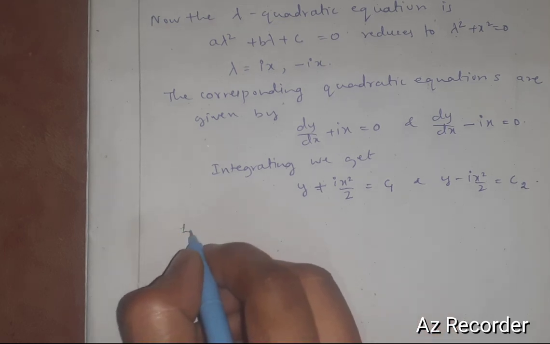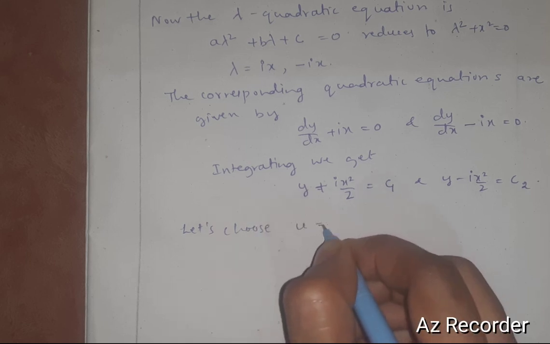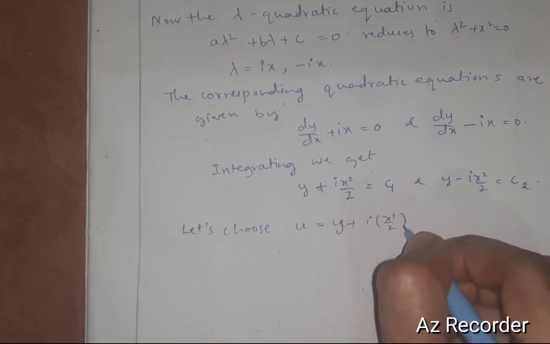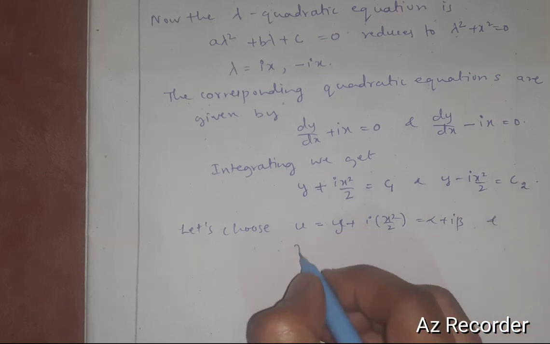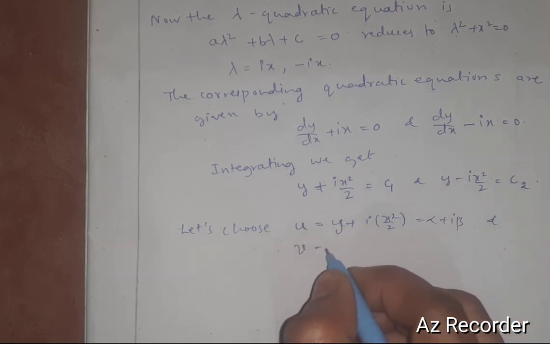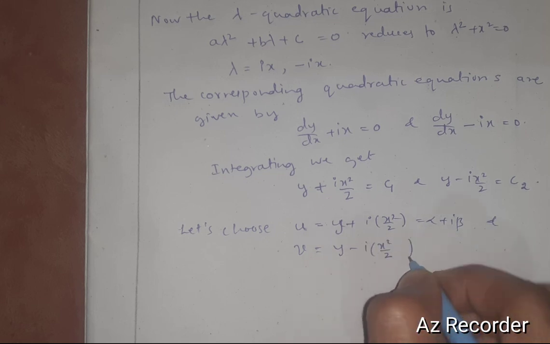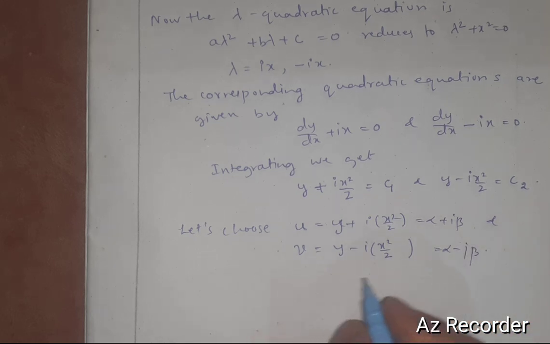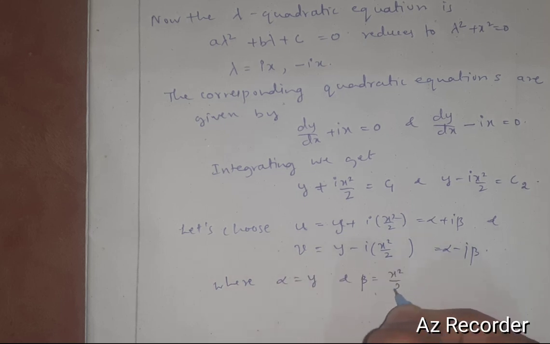Let us choose u is equal to y plus i into x square by 2, which is equal to alpha plus i beta, and v is equal to y minus i into x square by 2, which is equal to alpha minus i beta, where alpha is equal to y and beta is equal to x square by 2.